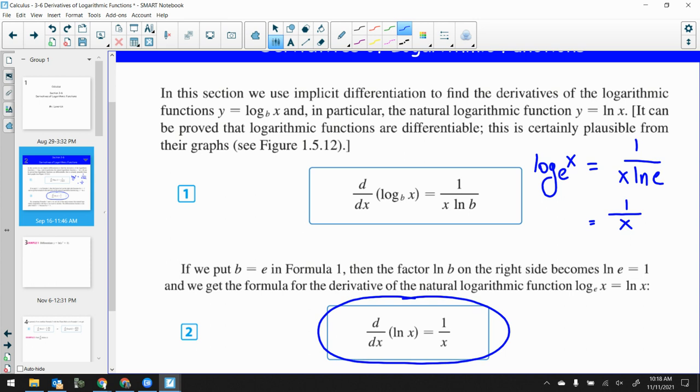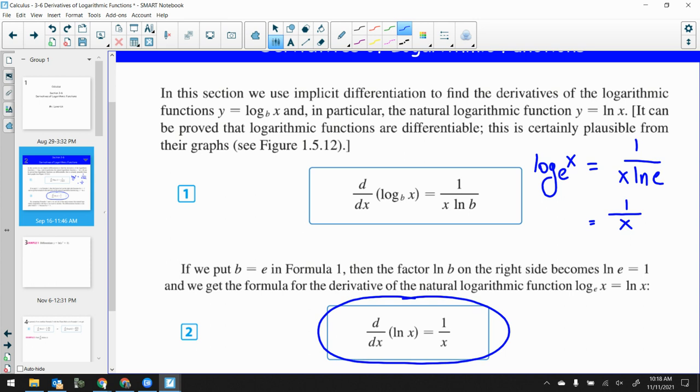That is going to be a rule that we will use a lot. Just like we have a lot of examples that have e to the x in them, we will have a lot of examples with natural log in them. And if you have a natural log example, that's nice and easy, because the derivative of a natural log is 1 over x.